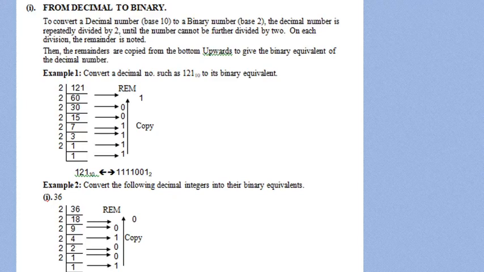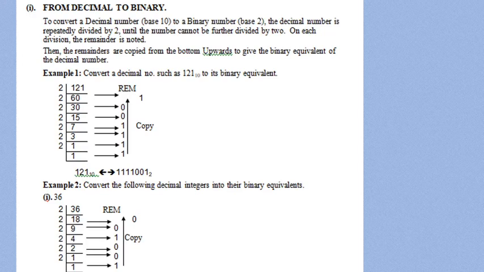To convert a decimal number, that is base 10, to a binary number, that is base 2, the decimal number is repeatedly divided by 2 until the number cannot be further divided by 2. On each division, the remainder is noted. Then the remainders are copied from the bottom upwards to give the binary equivalent of the decimal number.